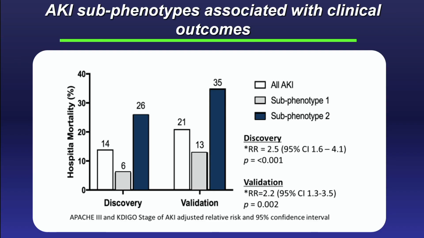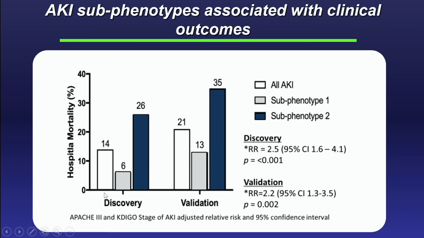So then the next question we had was, now that we've identified these two subphenotypes, can they better help us understand the risk of clinical outcomes? So this idea of prognostic enrichment that I talked about before. What we first looked at was hospital mortality. On the y-axis is the percentage in-hospital mortality, and then we have the two populations, the discovery cohort and the validation.